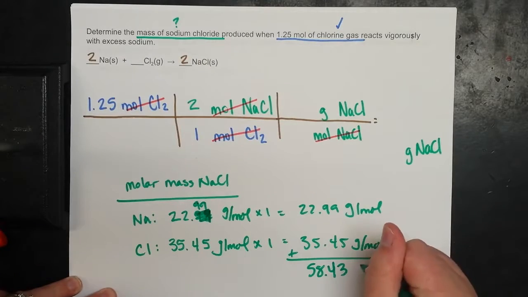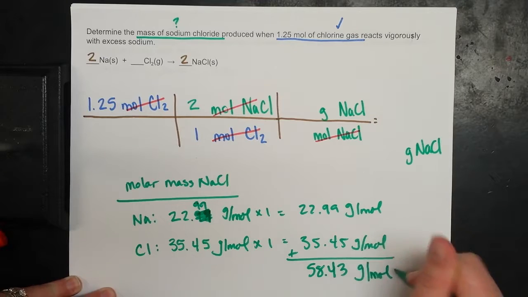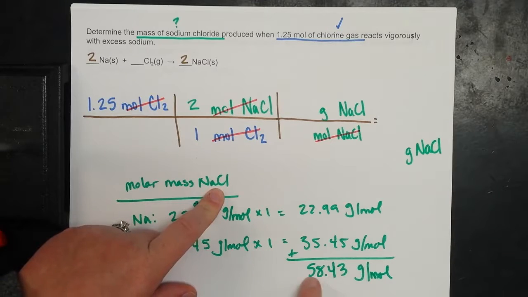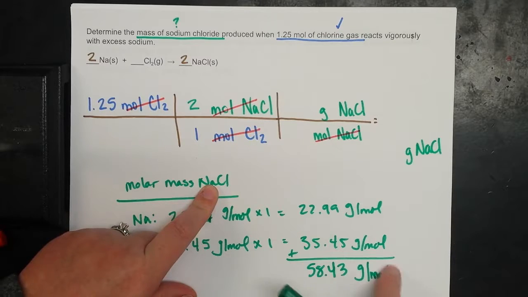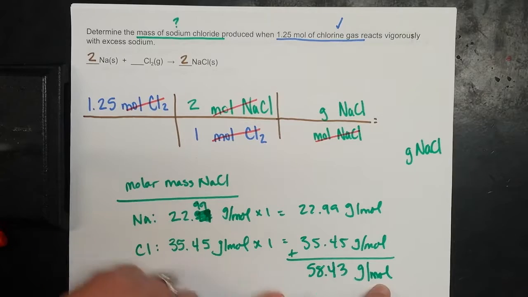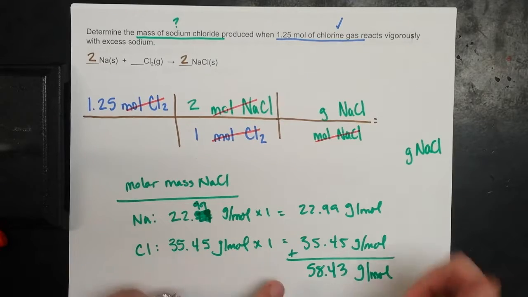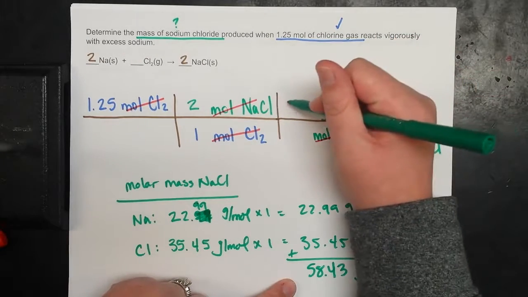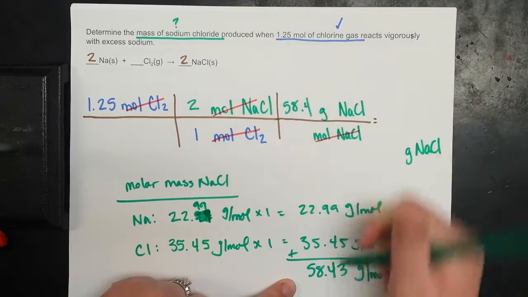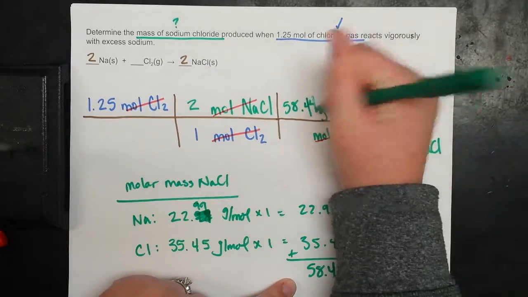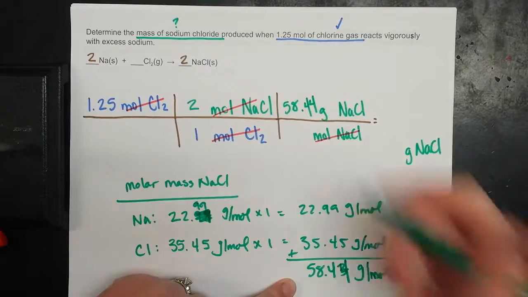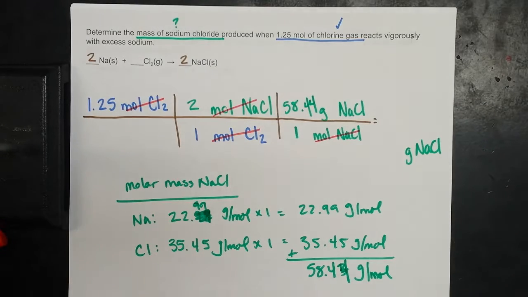This here means that if I'm talking about sodium chloride, there's 58.4 grams of sodium chloride in every mole of sodium chloride. So I can use this grams per mole to say there's that many grams in 1 mole and write that up here. So there's 58.44 grams of sodium chloride in every mole of sodium chloride.